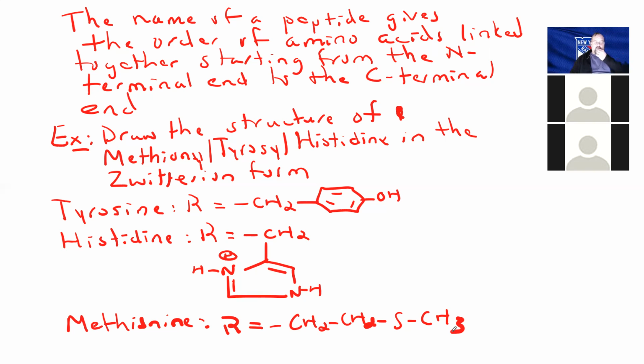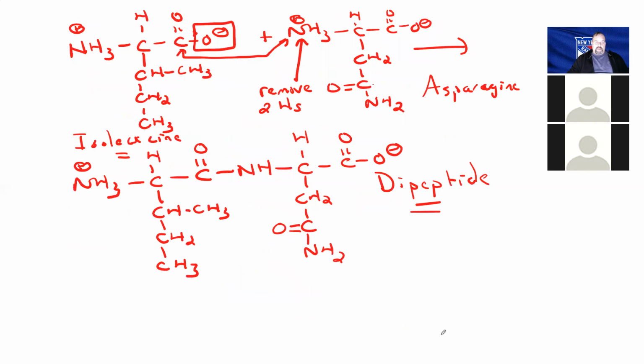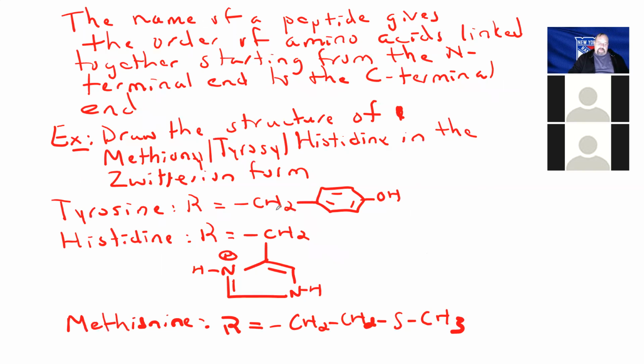You can draw all the amino acids separately and then do like we did on the previous slide where we talked about how to put them together. Or if you understand what we talked about there, I'll show you, as I did in the notes as well, how to sort of shortcut it to still come up with the right answer, so to speak. So if I take a look at the name, methionyl tyrosyl histidine, what that tells me is that the first amino acid that I need to put as part of this peptide is going to be methionine.